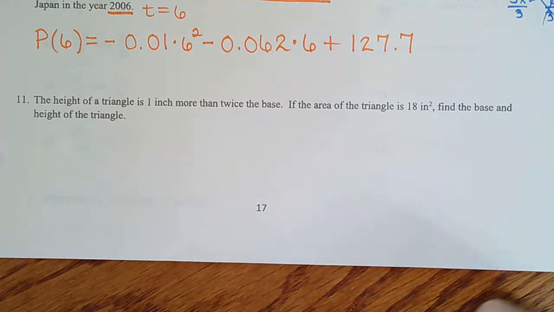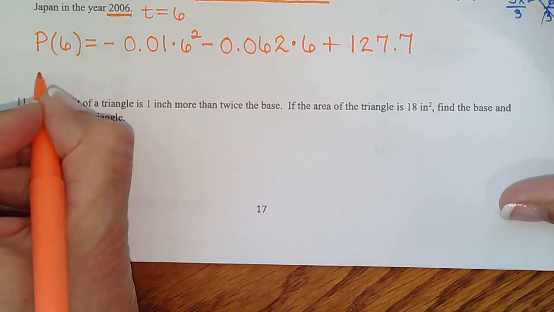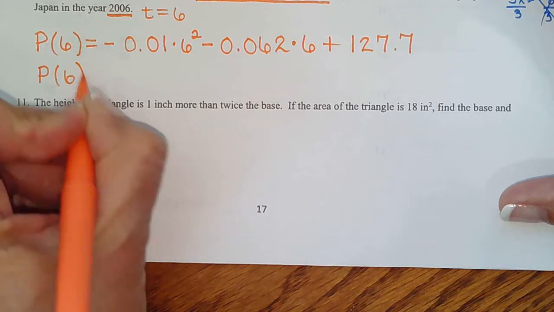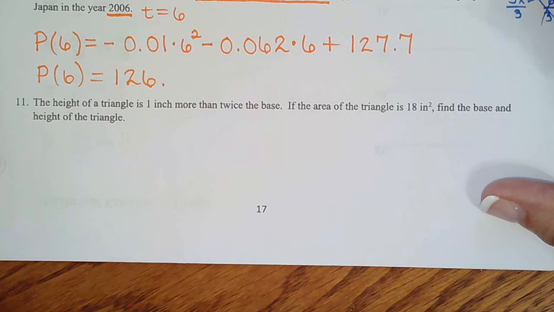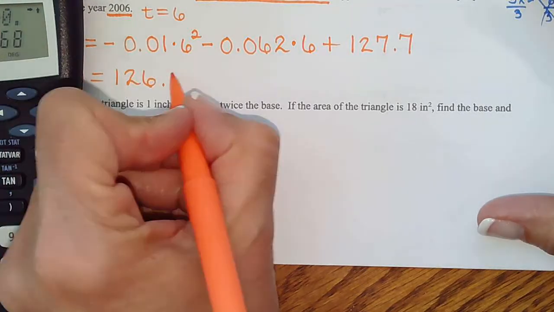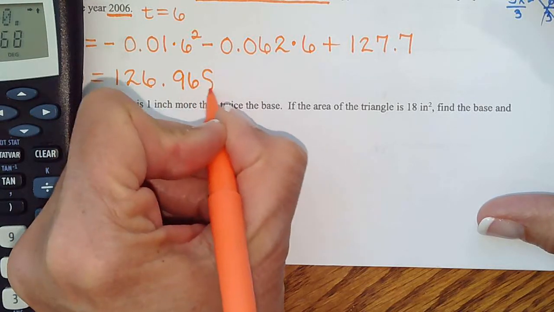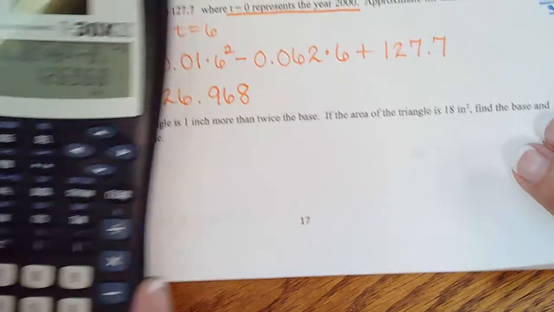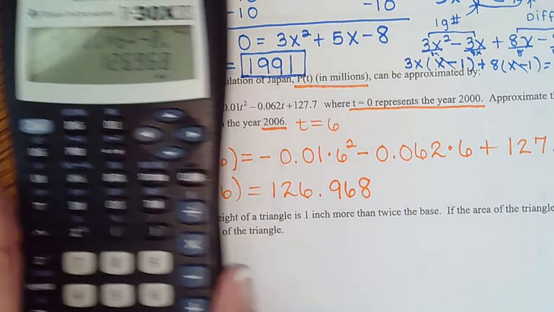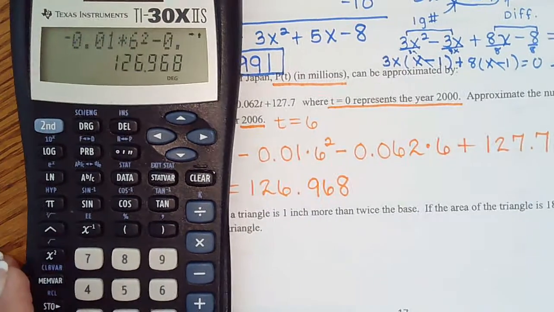126.968. So P of 6 equals 126.968. And then we have to learn what the appropriate label is. So we look up and see, what does P represent?